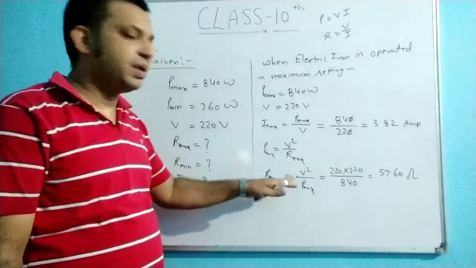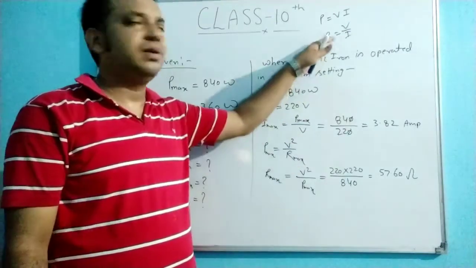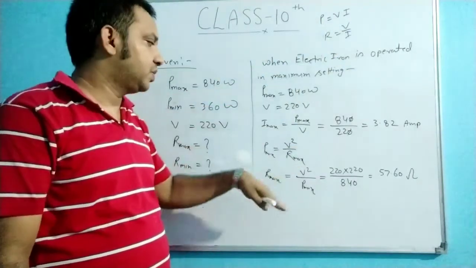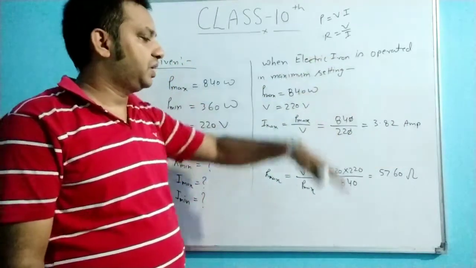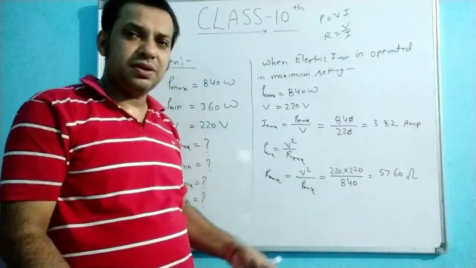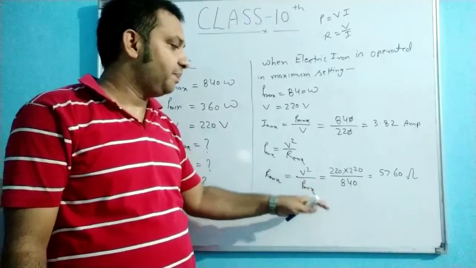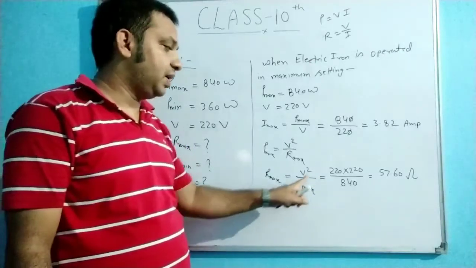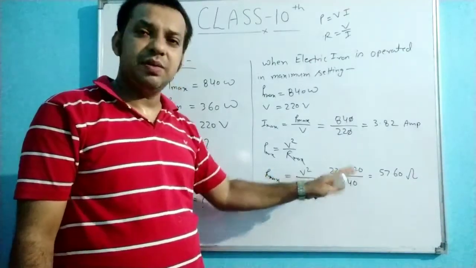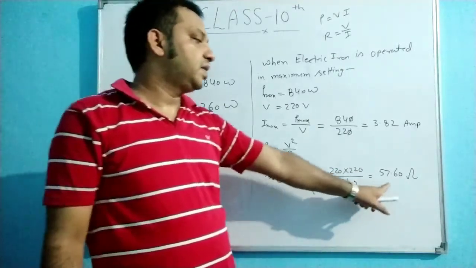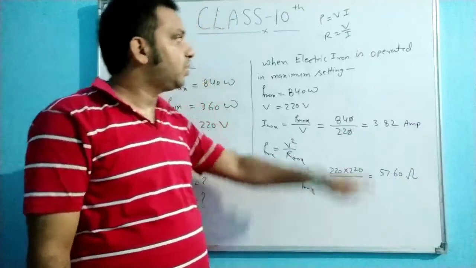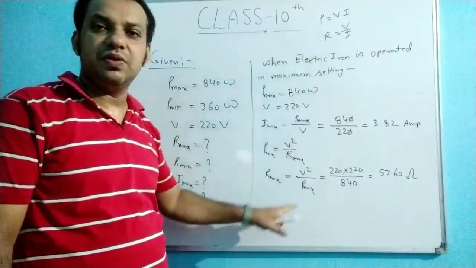So either you apply this formula or R is equal to V by I. Because I is 3.82, the division by 3.82 is a bit difficult. Not that much difficult, but only for ease I have used this formula, because 220 into 220 upon 840 is easy to calculate, and it gives 57.60. So by using this formula, you can also find the value of resistance.